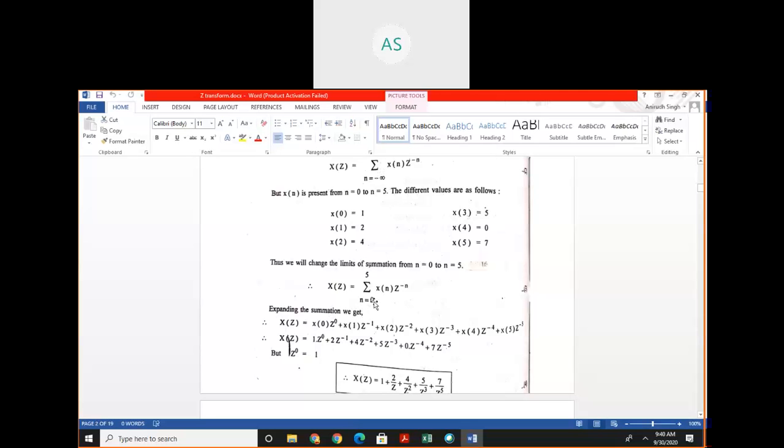Then we will change the limit of summation from minus infinity to plus infinity to n equal to 0 to 5.